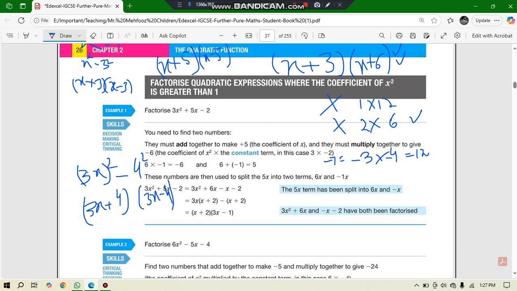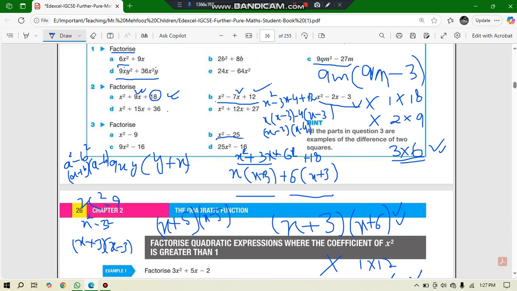So this is your factorization. Again, for part D, you can see that 25x square can be written as 5x whole square, right? Minus 16, which can be written as 4 square, so it becomes 5x plus 4 and 5x minus 4. All the parts in question 3 are examples of the difference of two squares. Okay.